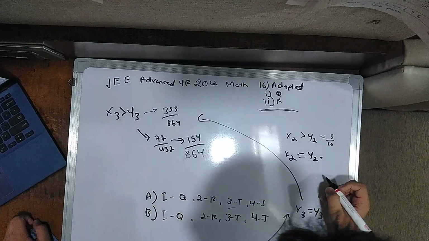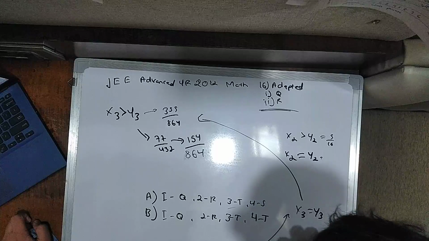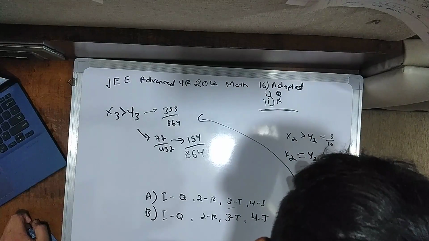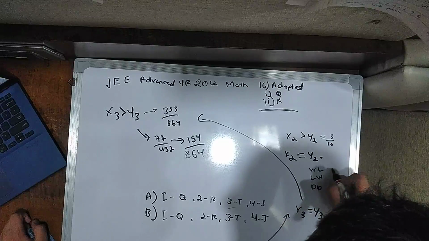You can see the probability of x2 being equal to y2 is only possible in 3 cases: win, win; loss, loss; and draw, draw.